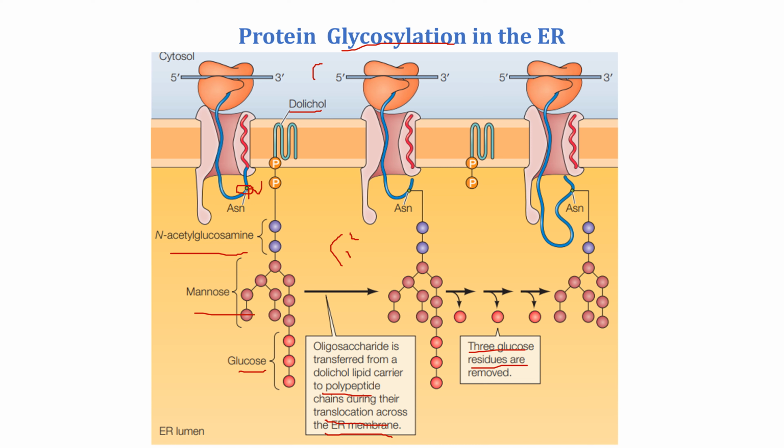Then after that, three glucose residues are removed, and the protein is modified for further processing. Then it is transferred to the Golgi apparatus.